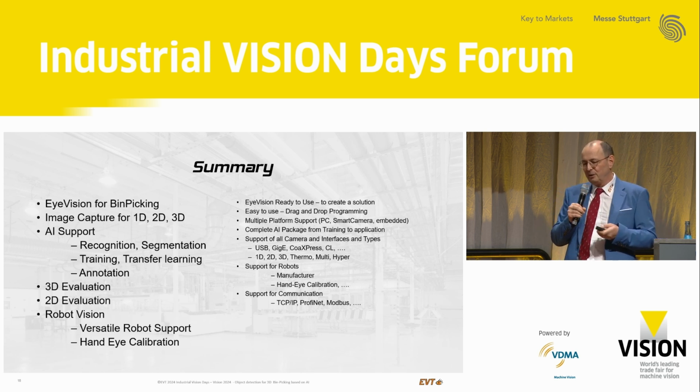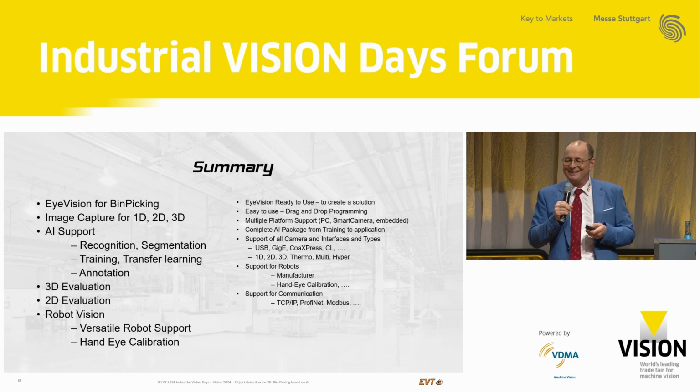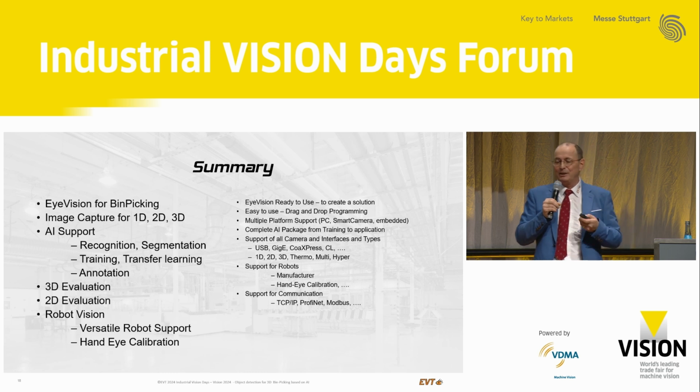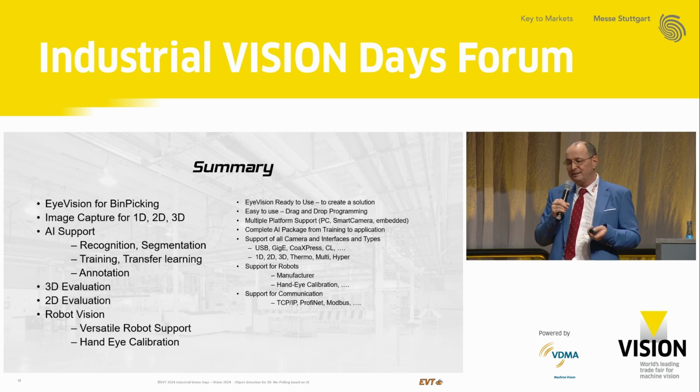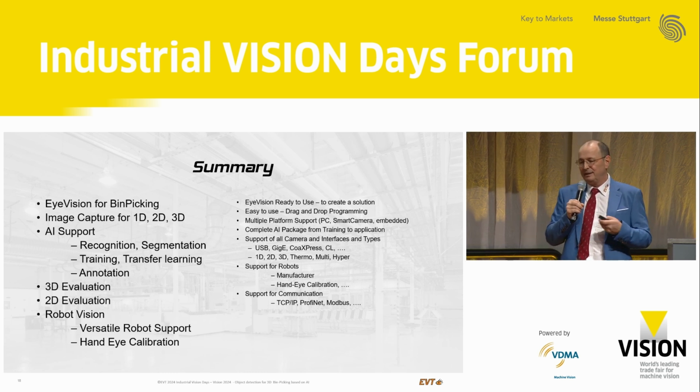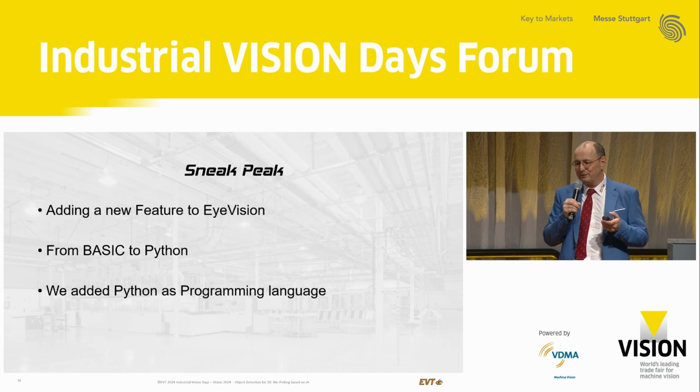And of course, you have a lot of options of cameras and robots which are supported and which can be easily, based on the SDK, added to the software. But I think normally you find all kinds of solutions in the software.